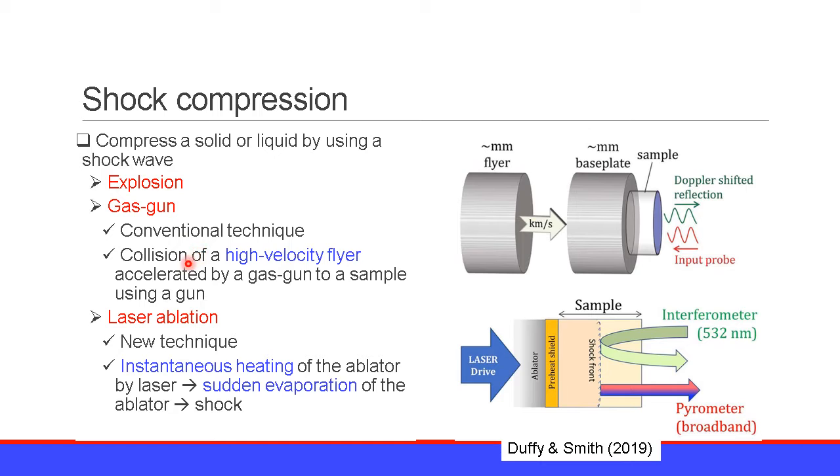In this method, a high-velocity flyer is accelerated using a gas gun, and the flyer collides to the sample to produce a shock wave. More recently, laser ablation technique became practical.